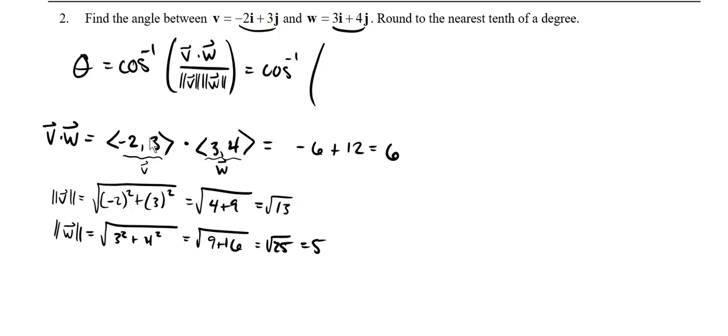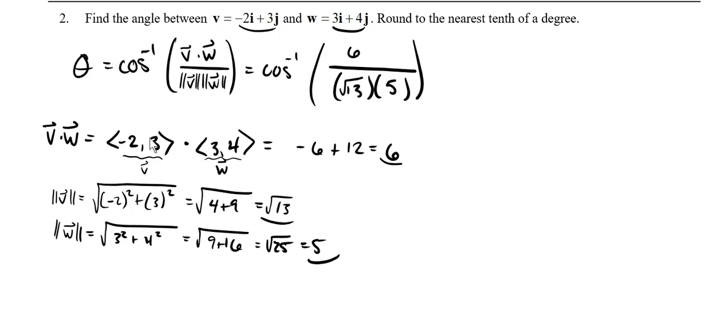So we've got all the pieces. The dot product 6, magnitude v is root 13, magnitude w is 5. Let's put it all together. Cosine inverse of v dot w is 6, magnitude v is root 13, and magnitude w is 5. So this is the value. Cosine inverse of this number is our angle. Let's go ahead and plug this into a calculator.